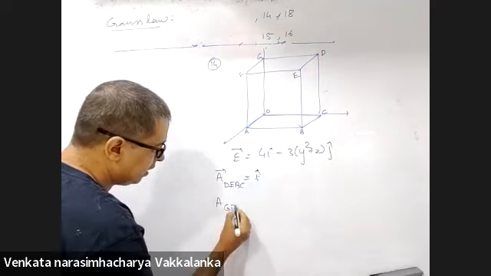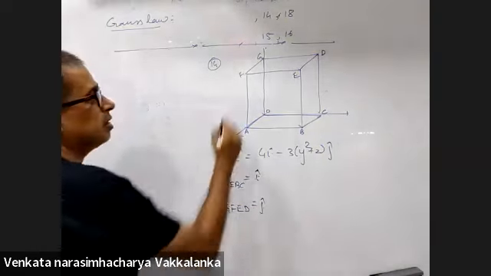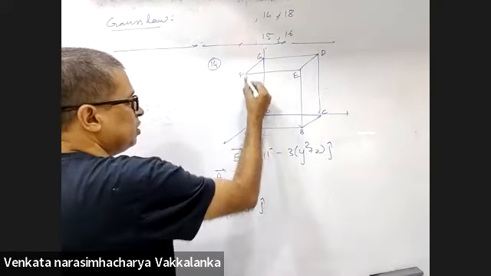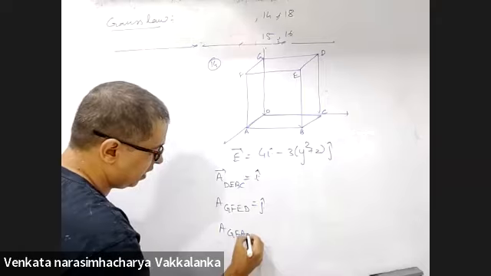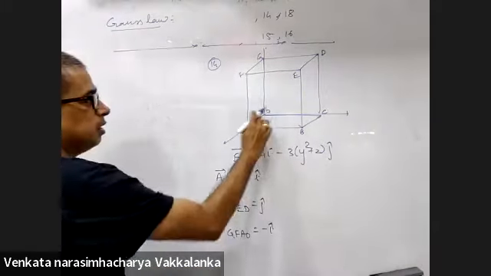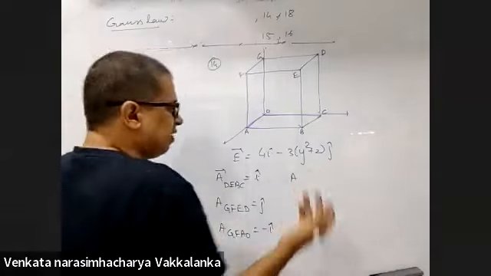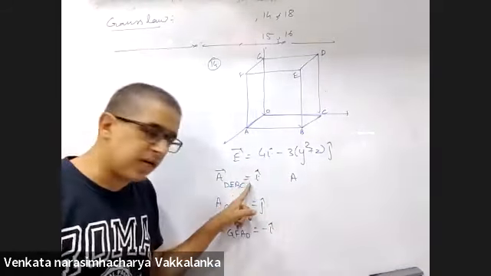Area of, I'll take one more, GFED. This will be J cap. Area of GFAO. This will be minus I cap. Why am I writing all? Now you know how to do it. Can you find E dot A?